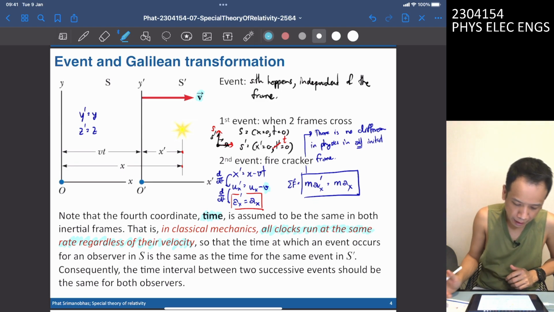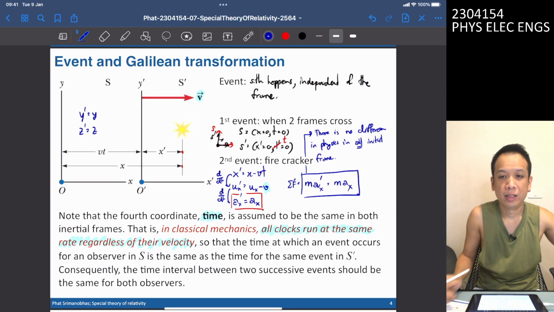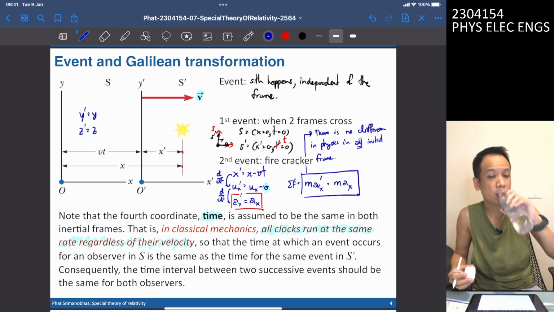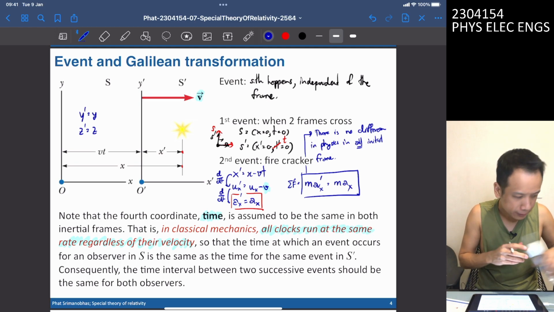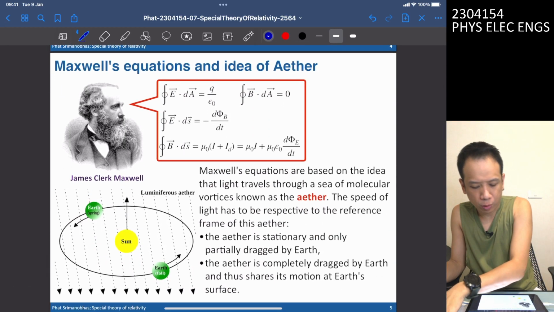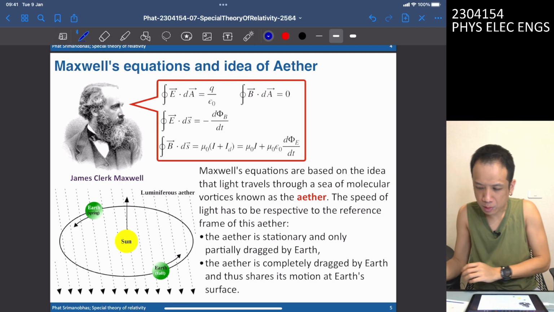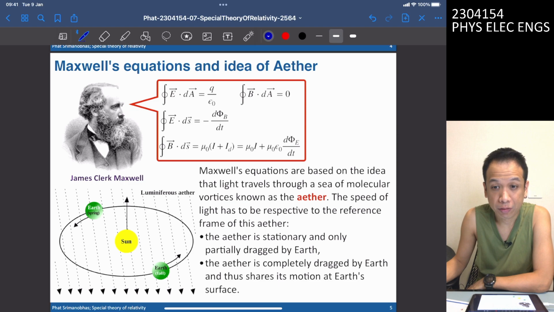And then when we start a new modern era, we start at the Maxwell equations. So these are the Maxwell equations. I think this is what we have learned before.